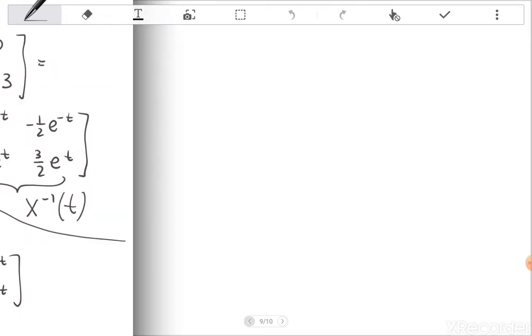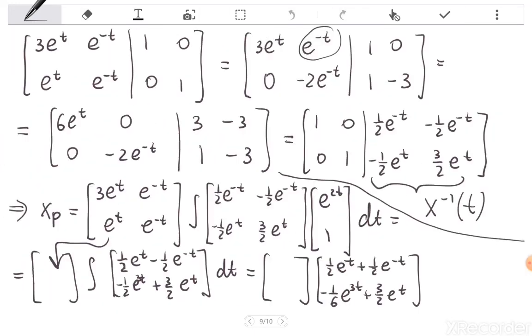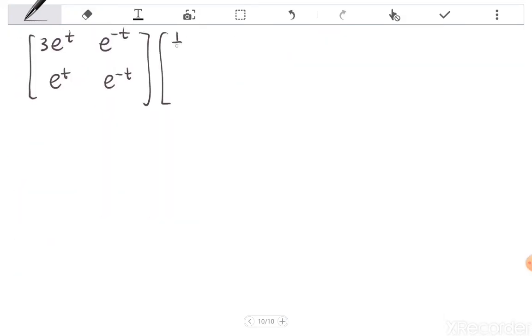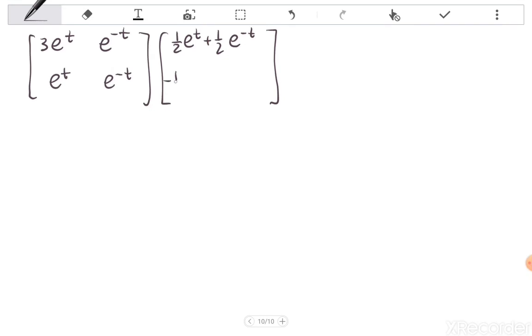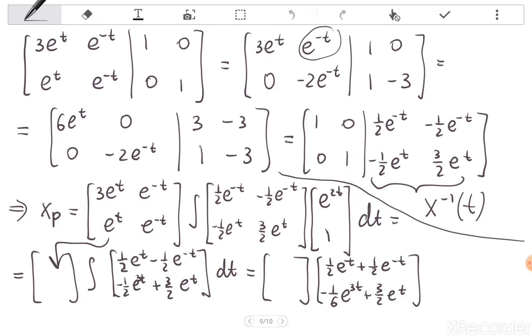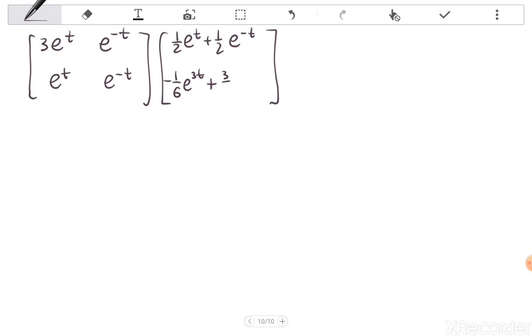So 3 e to the t, e to the t, and this column e to the minus t, e to the t, e to the minus t, times the vector: a half e to the t plus a half e to the minus t, and the second component is minus 1 over 6 e to the 3t plus 3 over 2 e to the t.